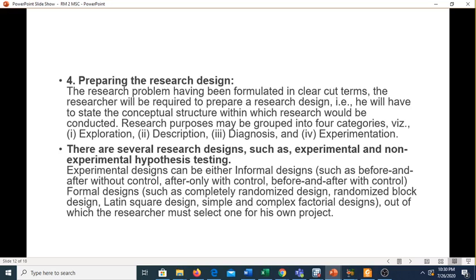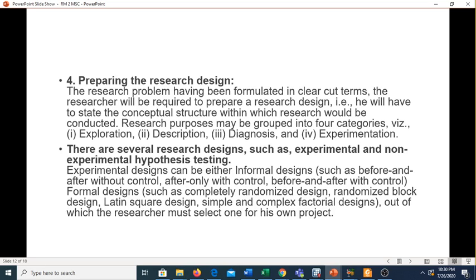Now, let's look at the processes that govern the preparation of the research design. Normally, the research design can be an easier task.